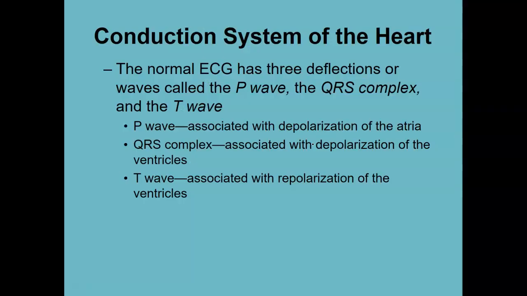So if we come back here, the P wave is associated with depolarization, or the contraction starting in the atria. The QRS is the depolarization of the ventricles, and the T wave is repolarization, or reestablishment.